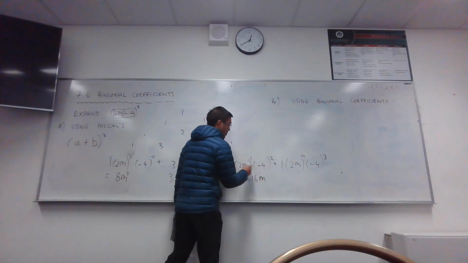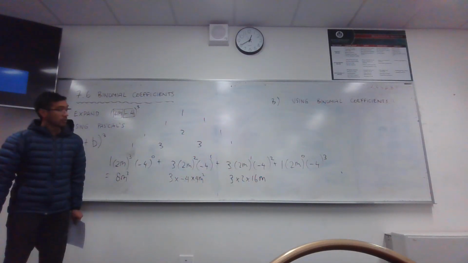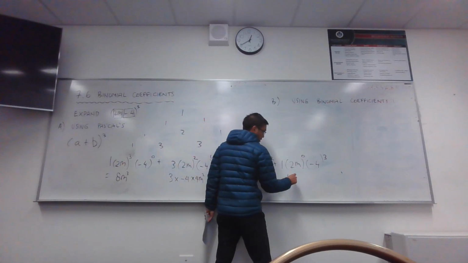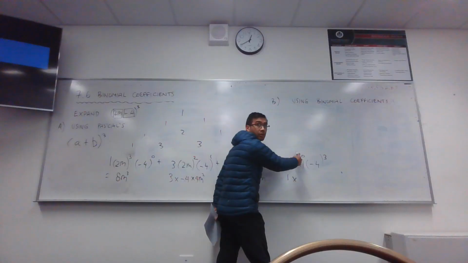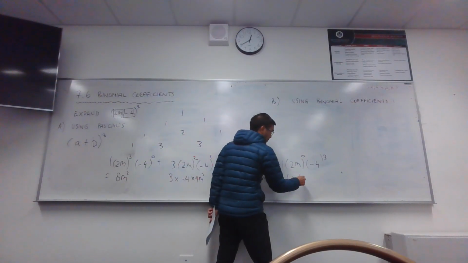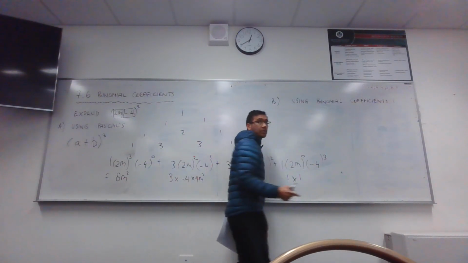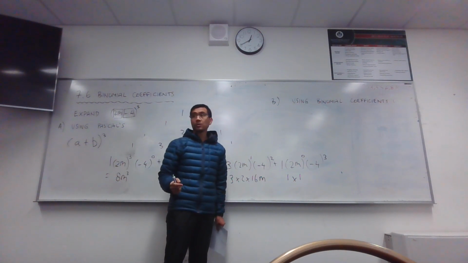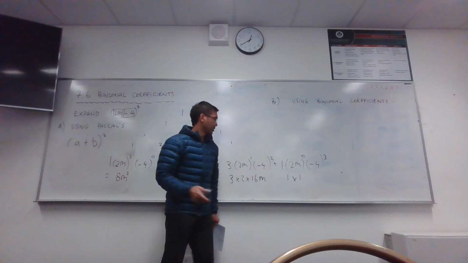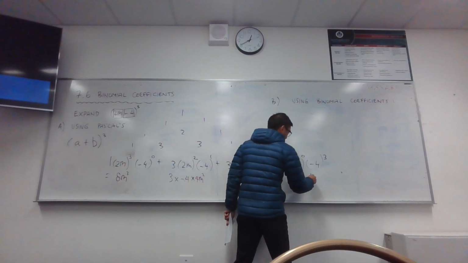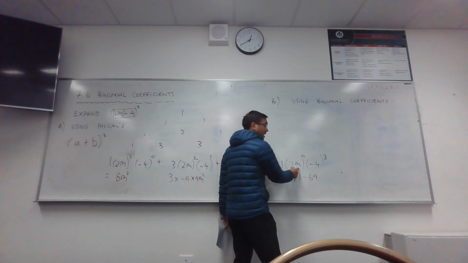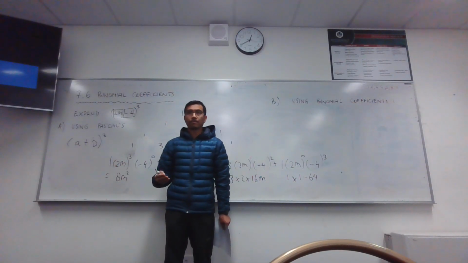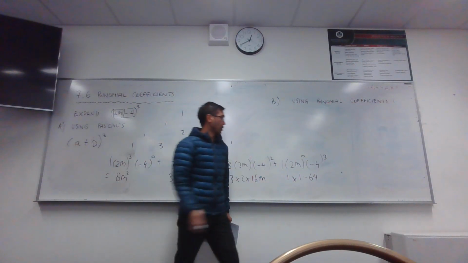We've got an m to the power of 1. Last bit: 1 times 2 to the power of 0, which is 1, times negative 4 cubed. 4 times 4 times 4 is minus 64. Good. M to the power of 0: anything to the power of 0 is 1.